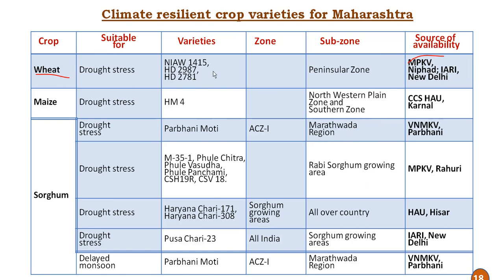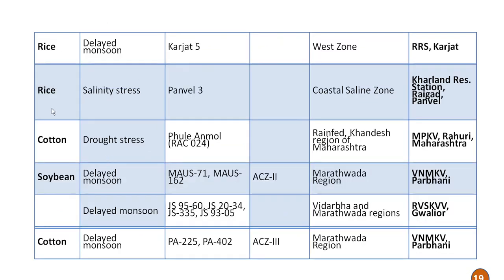In case of wheat, these varieties are suitable for drought stress and were released by different universities or research stations. So here is the list for wheat, maize, sorghum, rice, cotton and soybean, and these are the different varieties which are suitable for different environmental conditions and different zones, and the source of availability is given here.